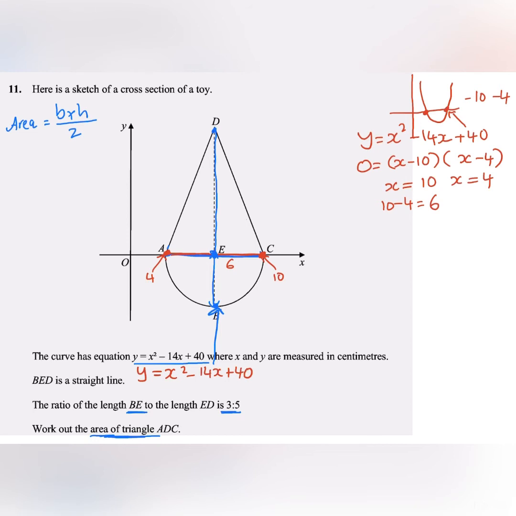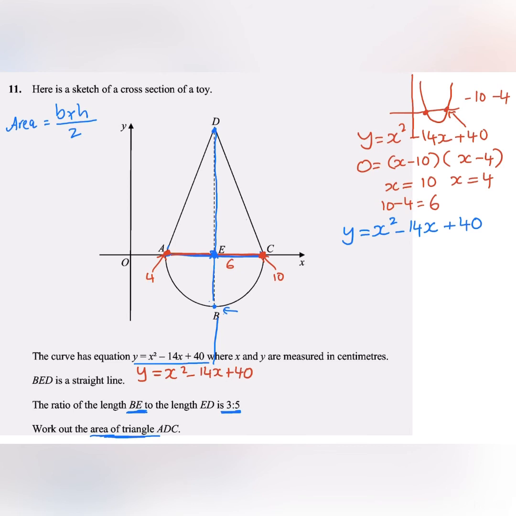And to find the minimum point on the curve, we can complete the square, because by completing the square you can figure out the minimum point, and that will give us the y coordinate at point B. So we're looking for a y coordinate at this point here, and then we can use this ratio to find the length of E to D.